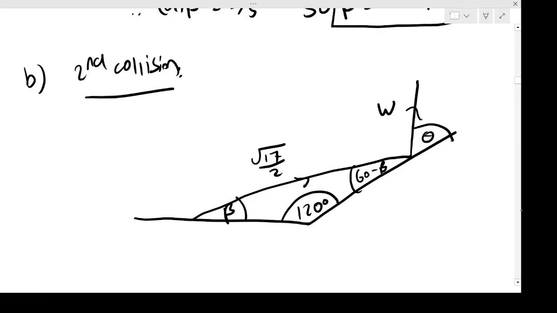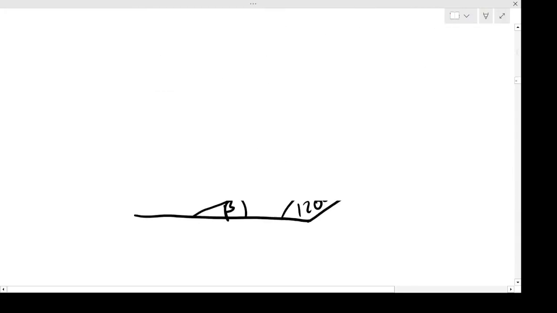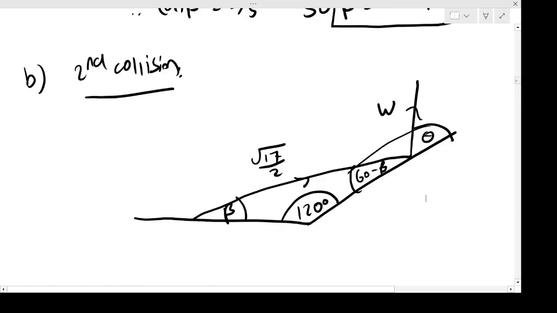Now the issue is I want to consider the second wall here, and I can't split things up parallel and perpendicular quite so easily. What I'm going to do instead is just consider the second wall.